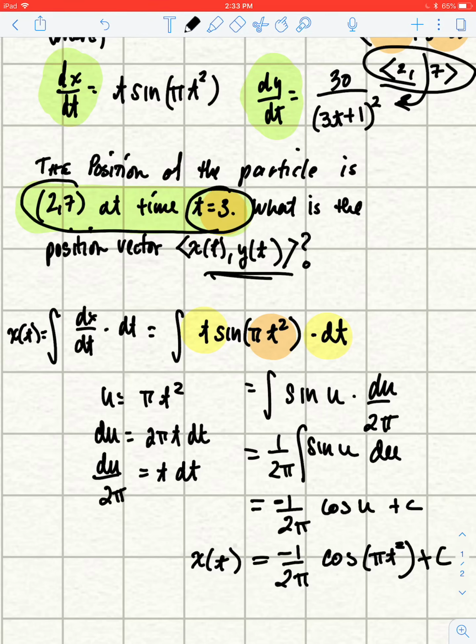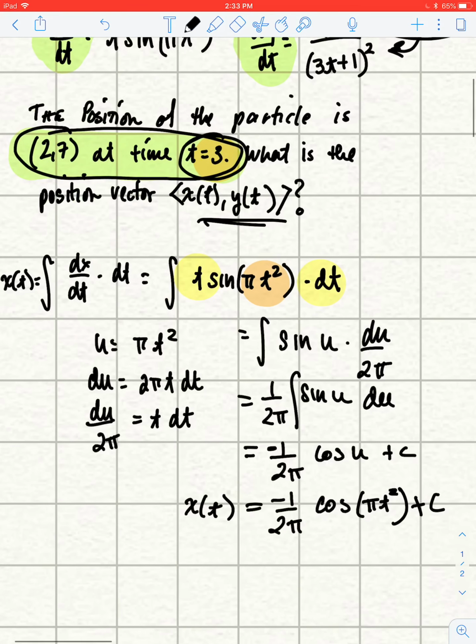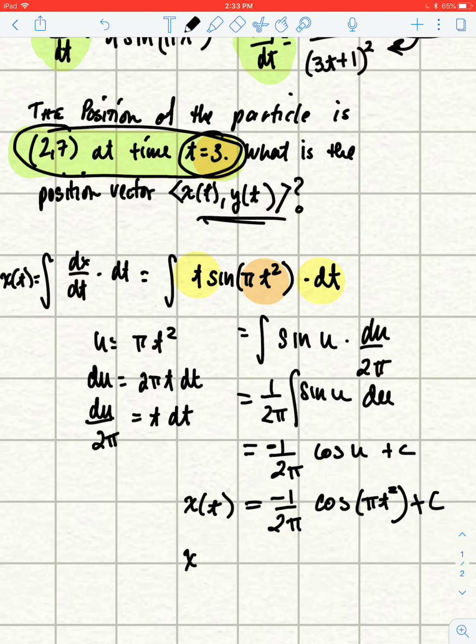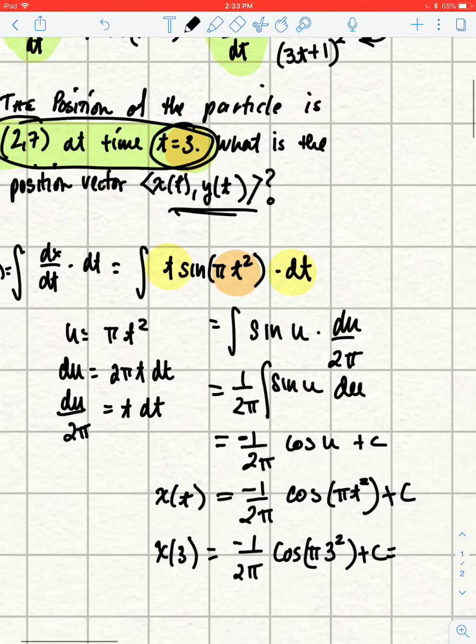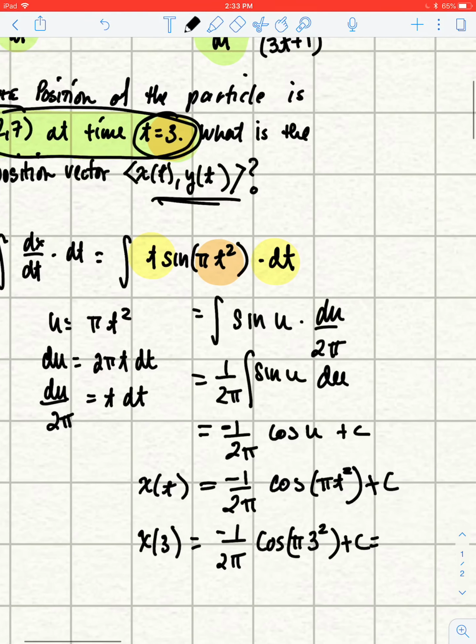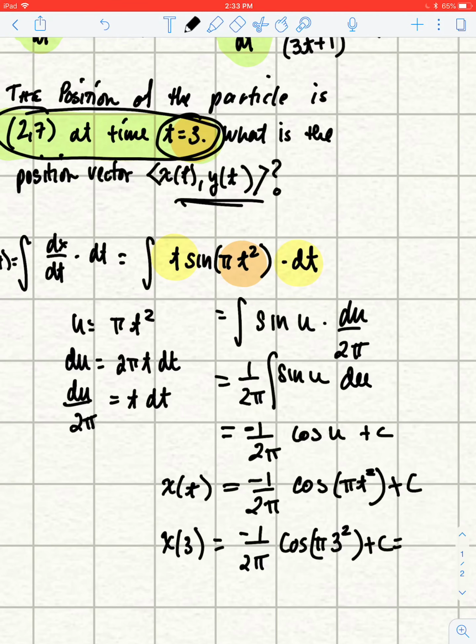And then from there, we're using this point at time equals 3. So we are plugging in 3 for t, and setting it equal to your x coordinate, so that's 2. And then you're solving for c.